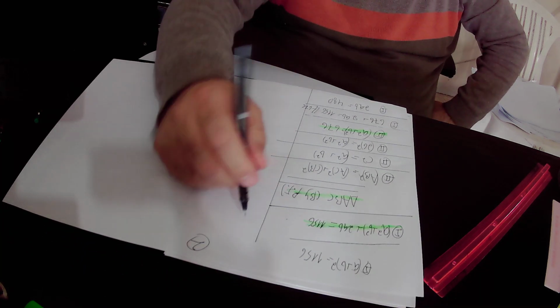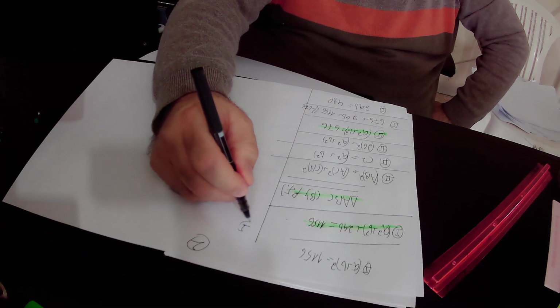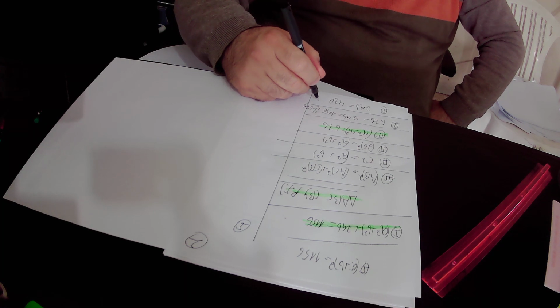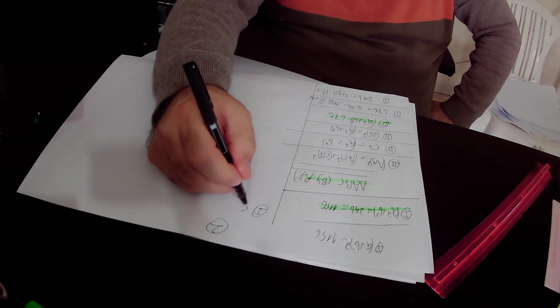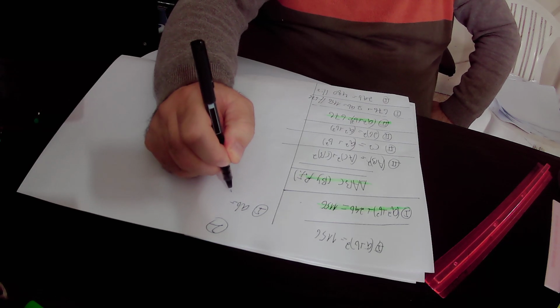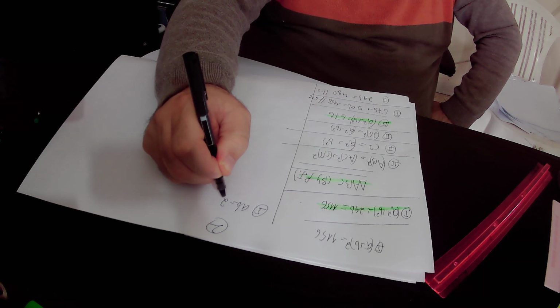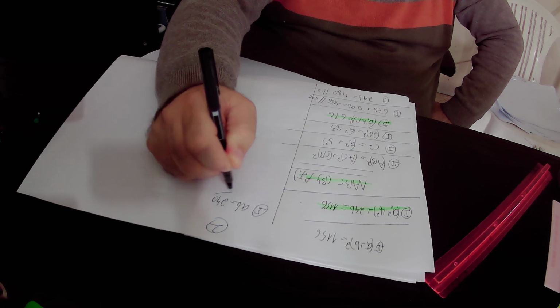Here we'll divide equation number 1 by 2, and we'll get that according to equation number 1, AB equals 480 over 2, which is 240. AB equals 240.